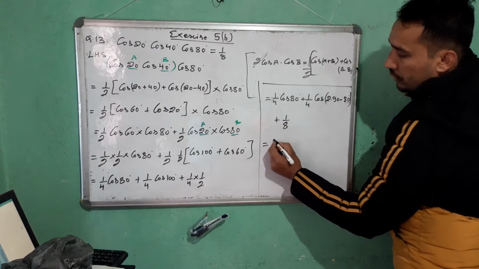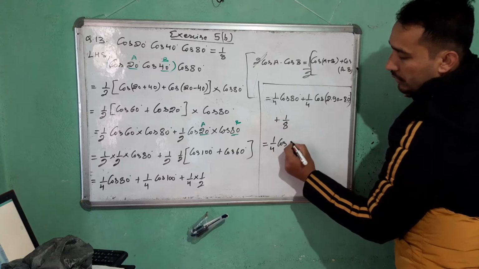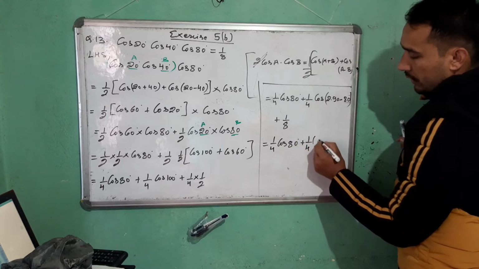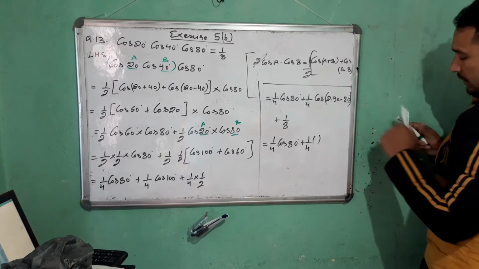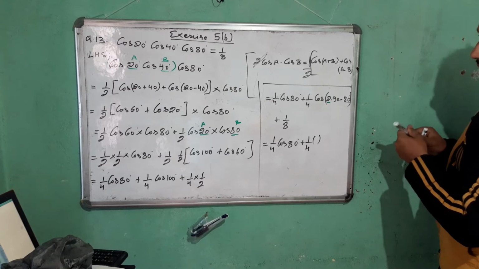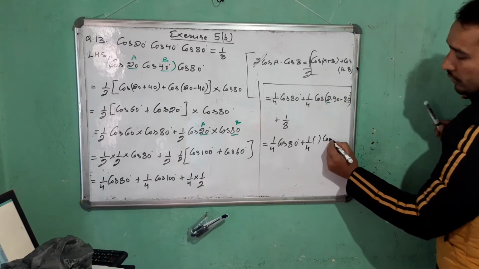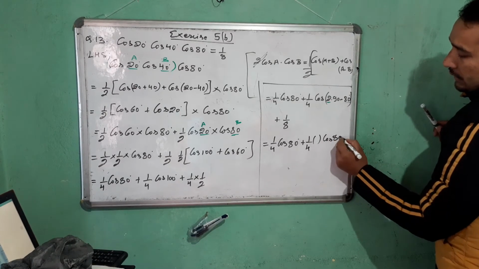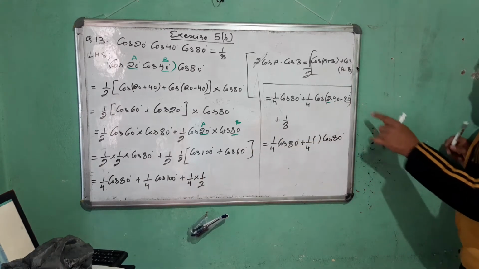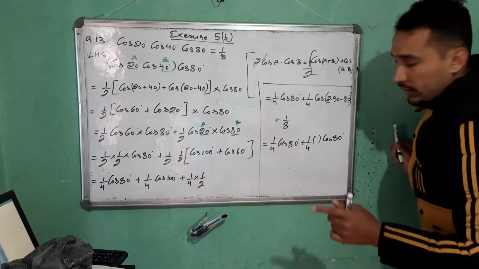So it will be equal to 1 by 4 cos 80 degree plus 1 by 4 cos of n into 90 minus theta. Here n is even, so cos remains cos only and theta is 80 degree. And this 2 into 90 minus 80 degree, which is 100 degree, occurs in the second quadrant.